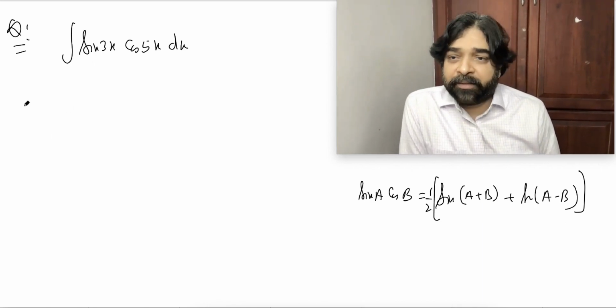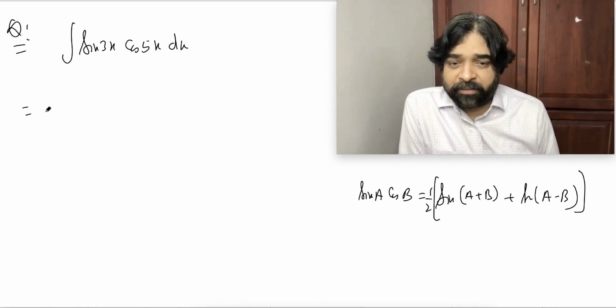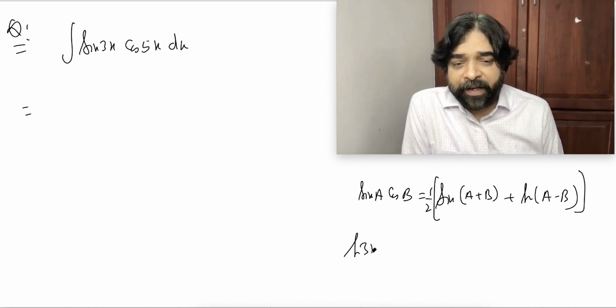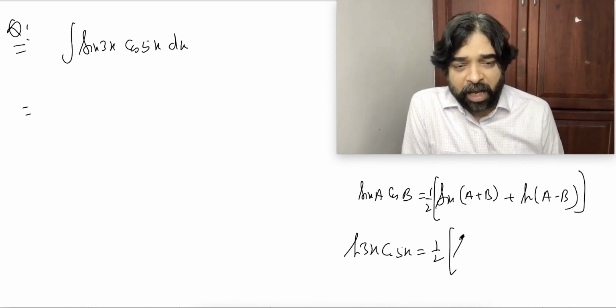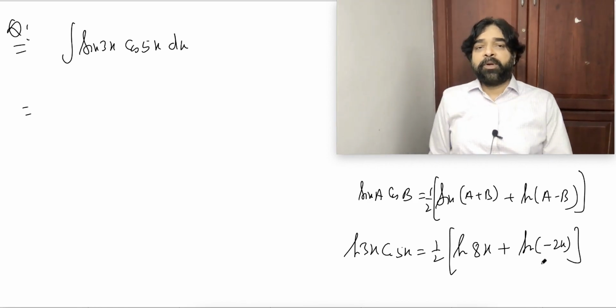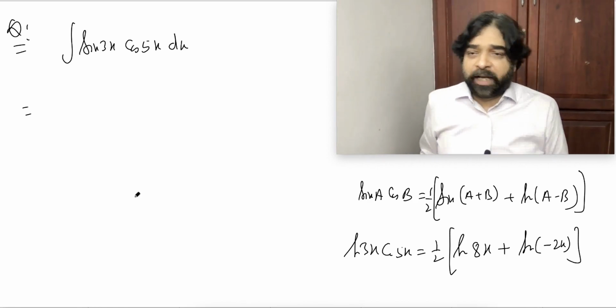That means, why not calculate this separately: sine 3x cos 5x, I can write as 1 by 2 into sine a plus b, meaning sine 8x, plus sine a minus b, meaning sine minus 2x. Have you understood? The minus, of course, I can take common.